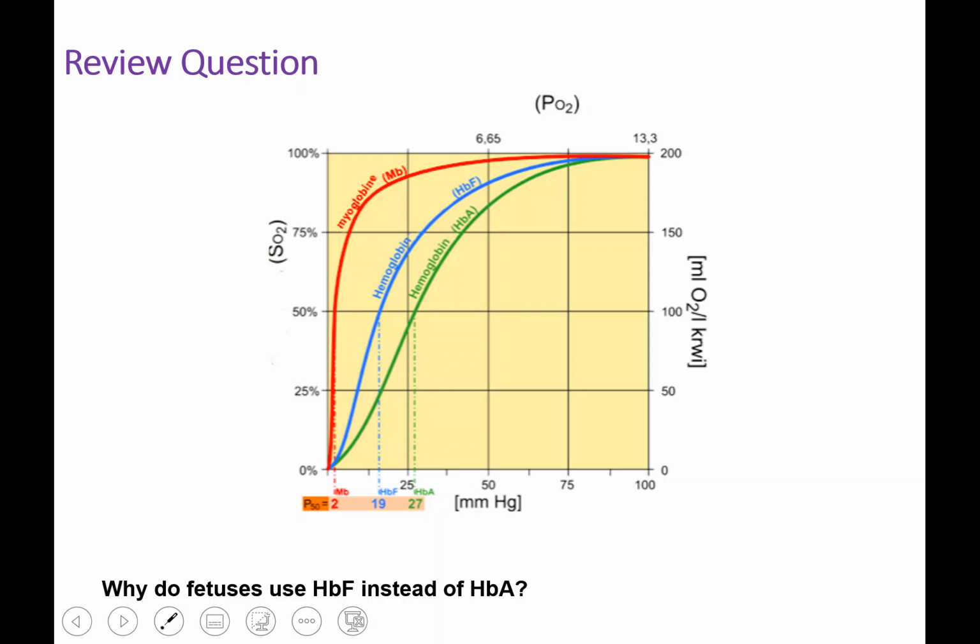And that gamma subunit is expressed for the first few months of life. So when the baby's 4, 5, 6 months old, that is still being expressed as the most prevalent form of hemoglobin. Okay.